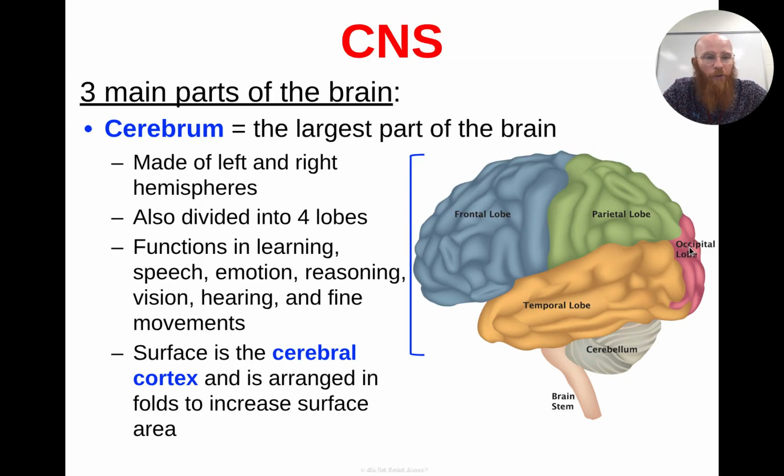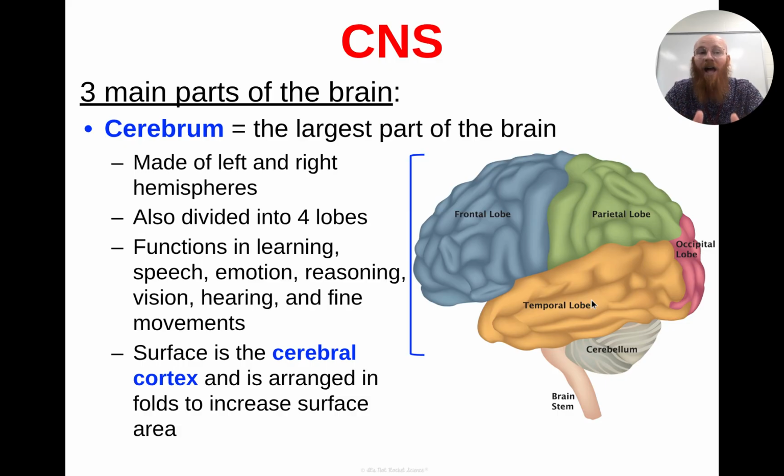These are color-coded. As we do with all of our organ systems, you're going to have a big body diagram where you're going to be asked to color code and label the major portions of the brain. These 4 lobes would be a great example of some things that need to be labeled. But the cerebrum is functional in learning, speech, your emotions, your reasoning skills, vision, hearing, fine movements.